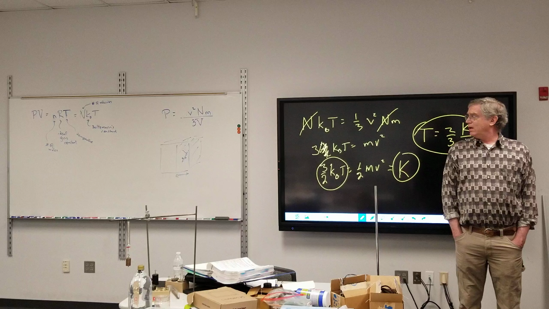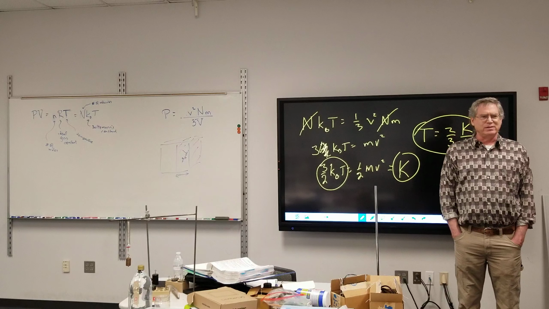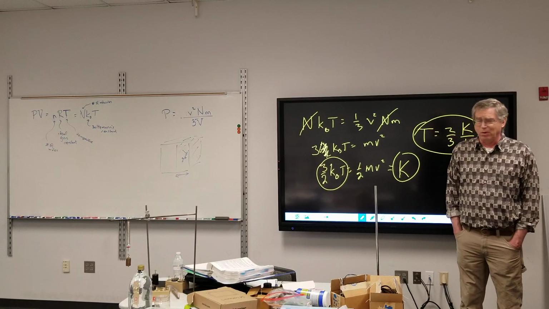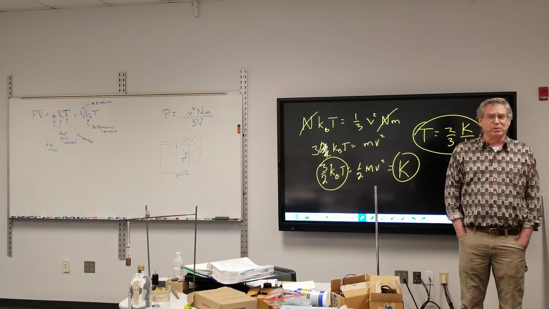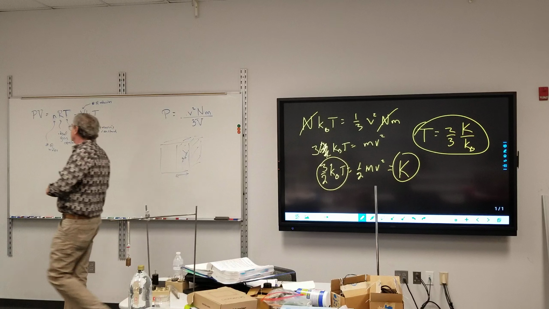Anyway, a mole is just a number. Like a dozen is 12, a score is 20. A mole just happens to be a really big number. Do you want me to tell you what that is?